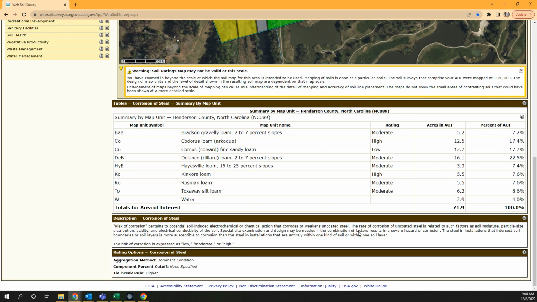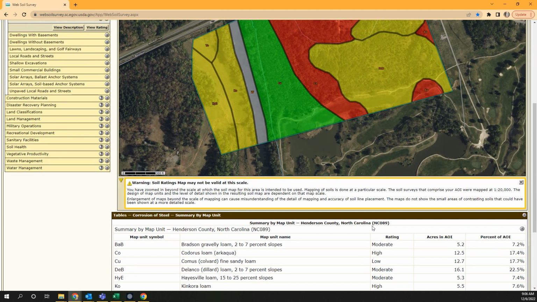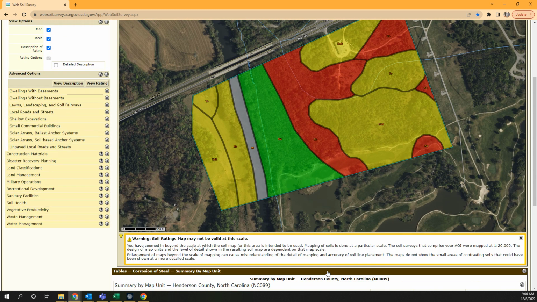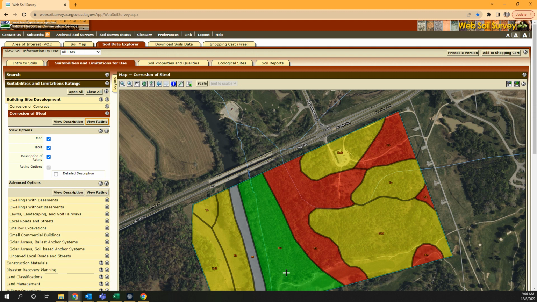That's because when we're looking at the corrosion of steel, we're going to be looking at factors of soil moisture, particle size distribution, acidity, which again is the pH, and then we're also going to be looking at electrical conductivity of the soil. They relate those together to get us a rating. If you're seeing something that's high or maybe even moderate, that's when you may want to reach out to an engineer to figure out, hey, is there something I need to do to plan accordingly for the soils that I'm putting this practice in?